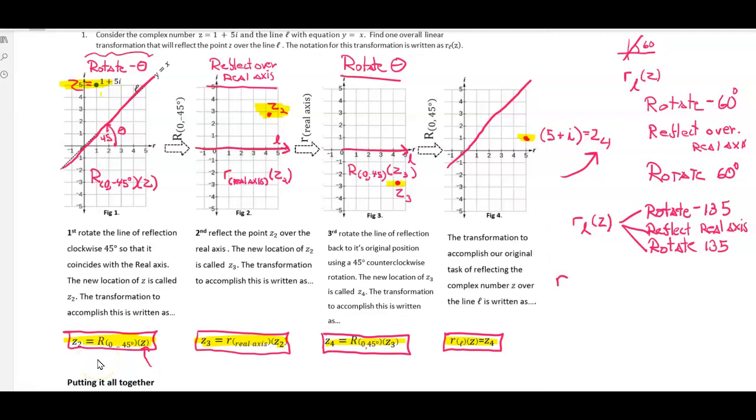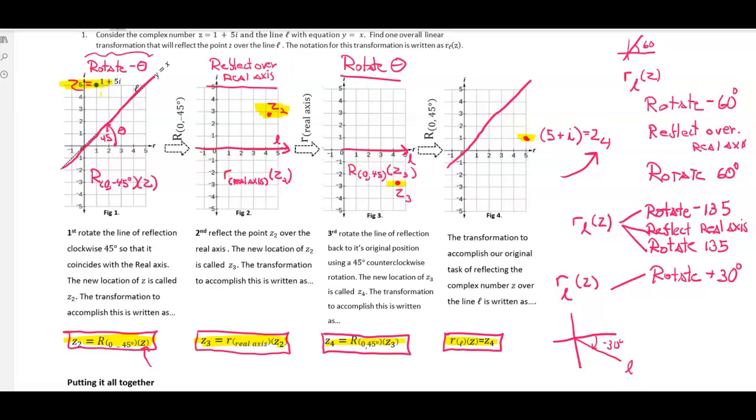Tell me how you would do this. Reflect it over the line L, but now the line L is negative 30 degrees. So what are you going to do first? Yep, rotate positive 30.